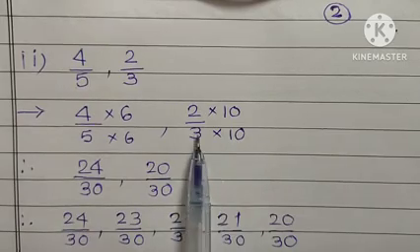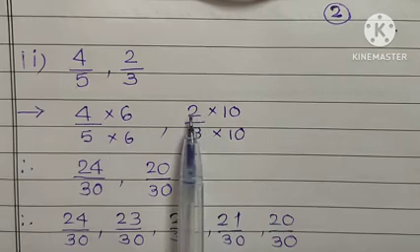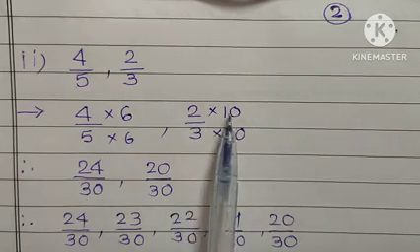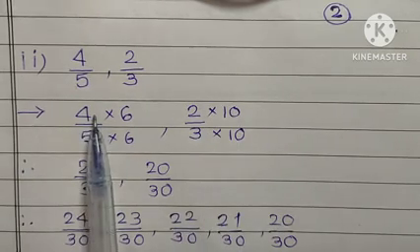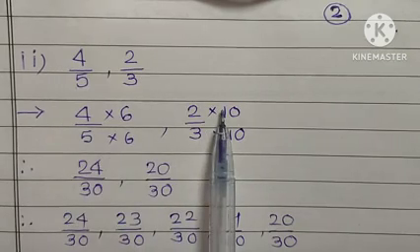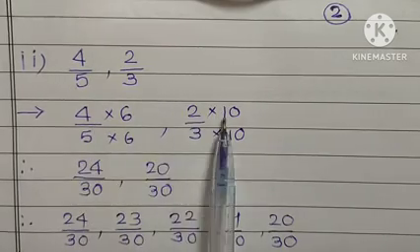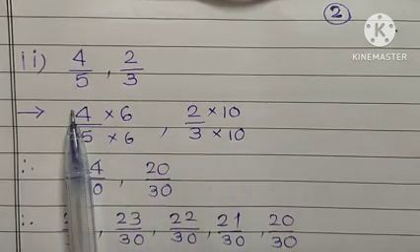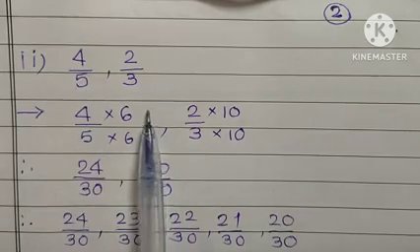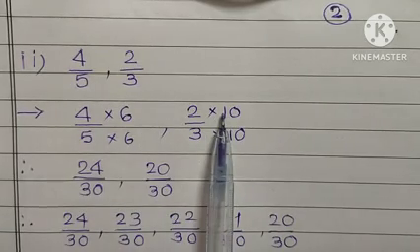Then again you will get 15 in the denominator. So multiply by 5, that means 10. So from 12 to 10, you will get only one number between them, that is 11. 12, then 11, then 10. Okay.